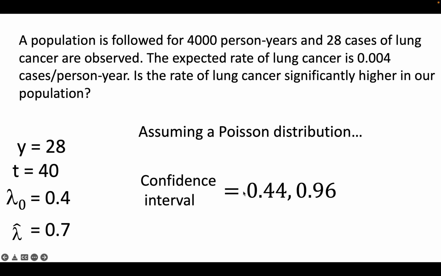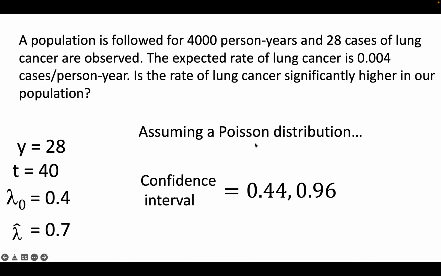Where if, say, it went below, like if it was 3 point something to 0.96, then we wouldn't have confidence that our true value lies outside of 0.04. And we do in this case.